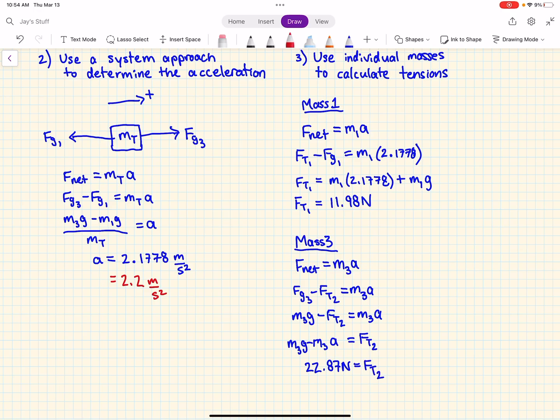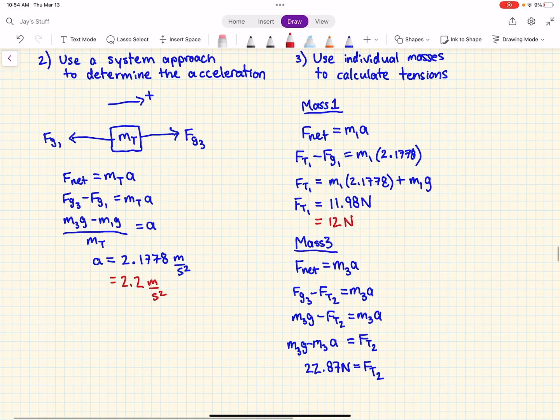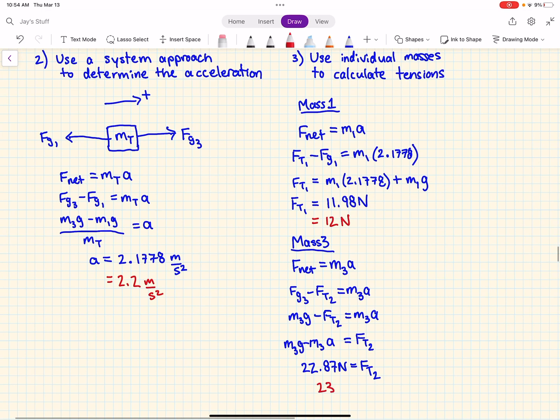And since the values in the question were given to 2 significant digits, we should round our final answers to 2 significant digits. So 23 newtons is Ft2. Ft1 is 12 newtons. And the acceleration is 2.2 meters per second squared.